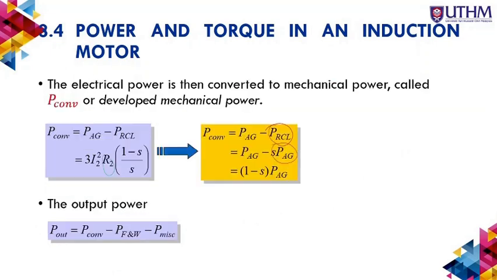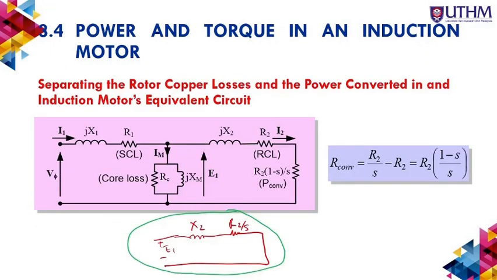Okay, so therefore from the final equivalent circuit ni kan, from the final, this one, they want to separate. Okay, so dia sebenarnya adalah R2 over S equal to R2 over S minus R2 plus R2.